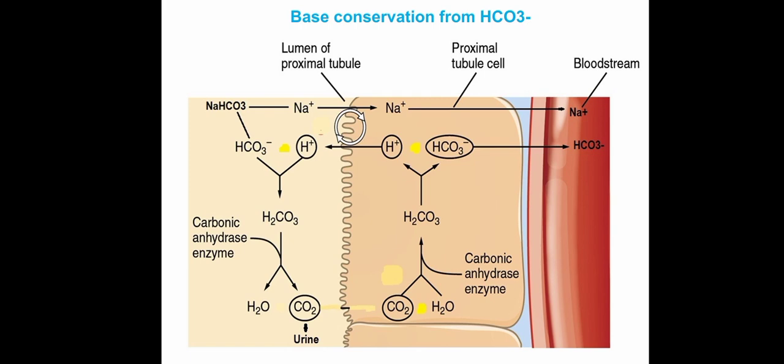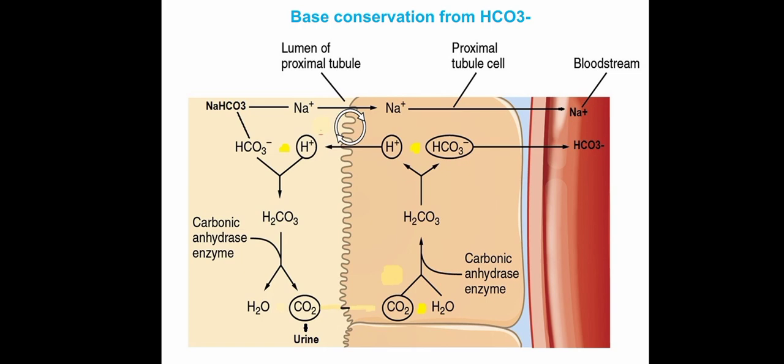Now the renal tubules are not mechanical structures. These are living structures, which means they are made up of cells. Yes, the renal tubules are made up of cells. So these are the proximal tubular cells. Look at the markings: bloodstream, and inside that, the proximal tubular cells.